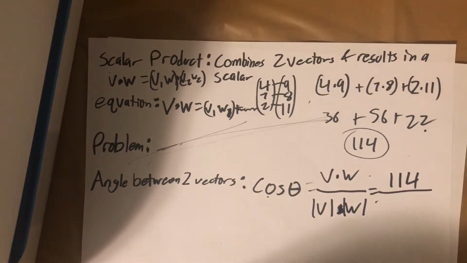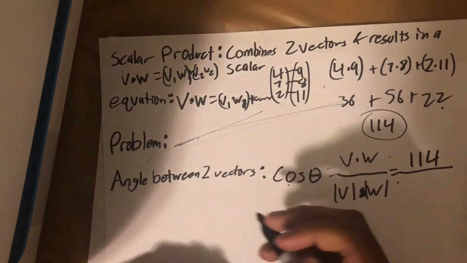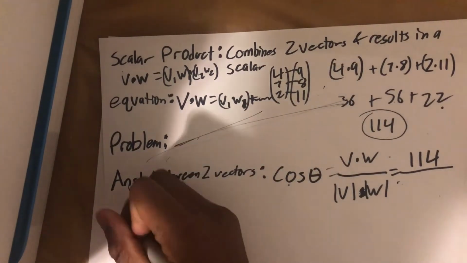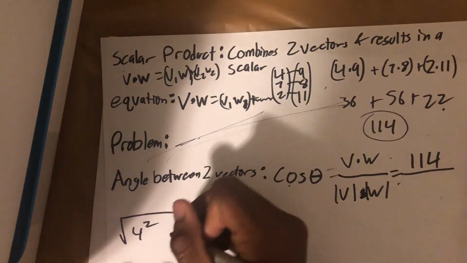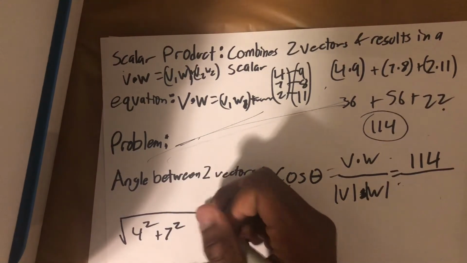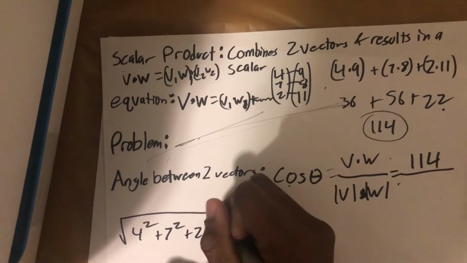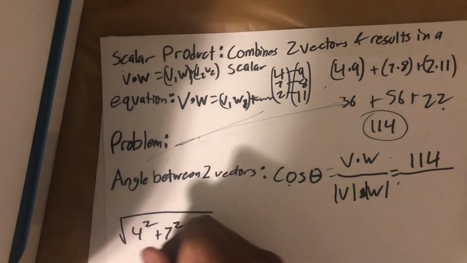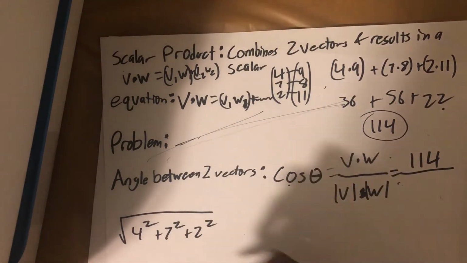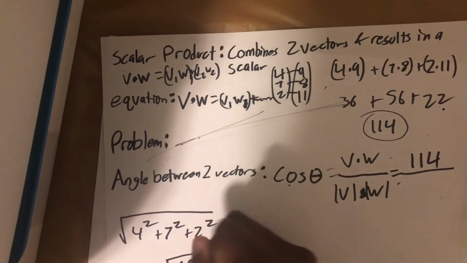For the first vector, 4, 7, 2, we have 4 squared plus 7 squared plus 2 squared, which once you solve it equals the square root of 69.